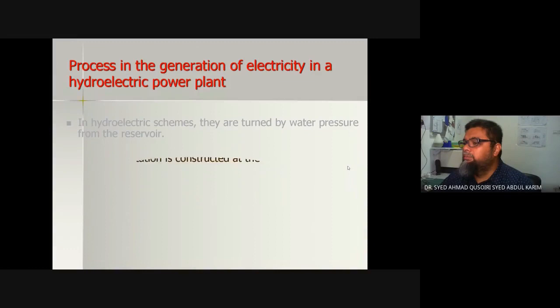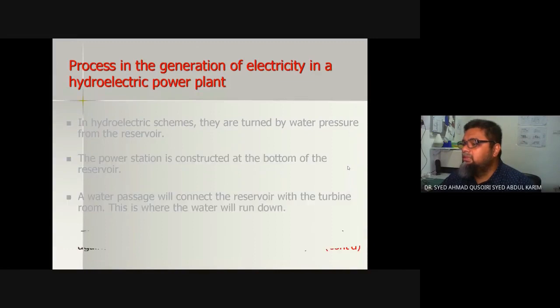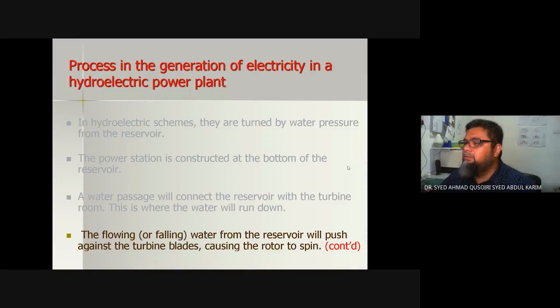So this is the process of generating electricity in the power plant. When you have this type of questions, you must be able to explain lah, from start to finish. You explain the components, just how I explained to you lah, kan?